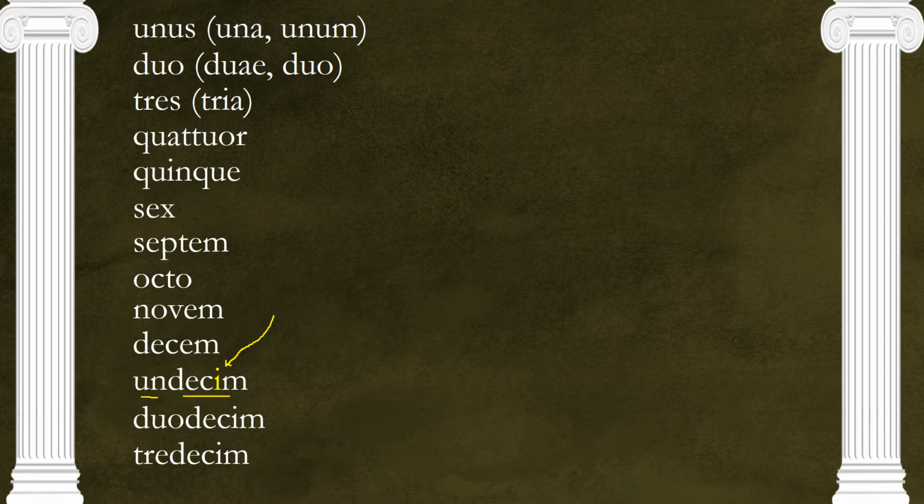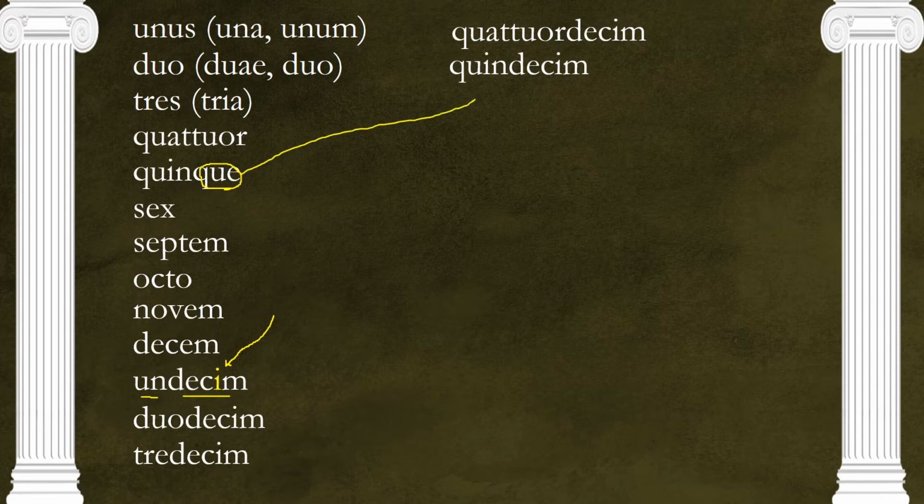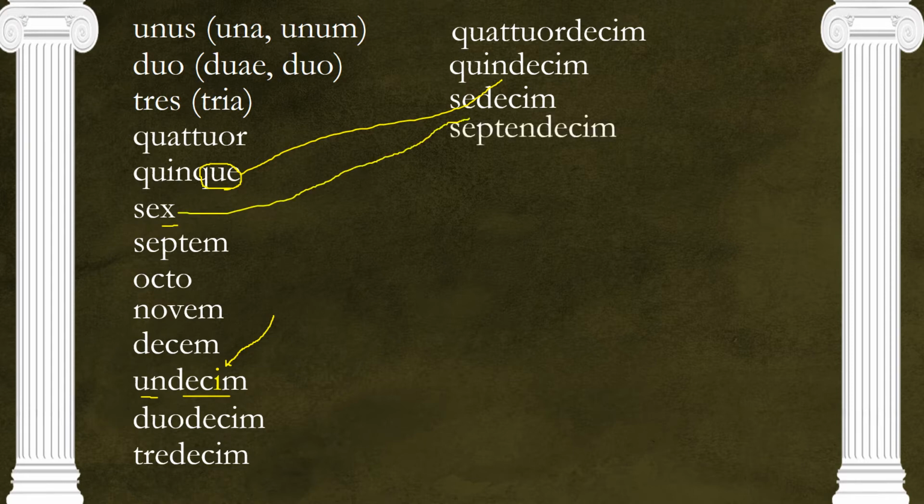Tredecim is 3 and 10, 13. Quattuordecim, quindecim. Okay, the que that we had before is now gone. Sedecim, the x is gone. Septendecim, there used to be an M here that has been changed to an N.